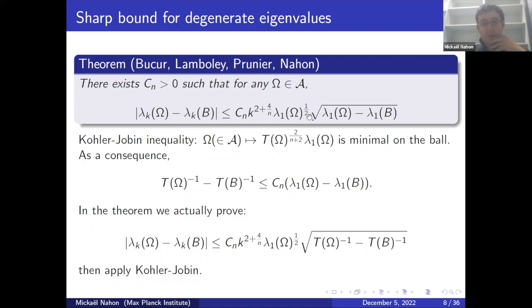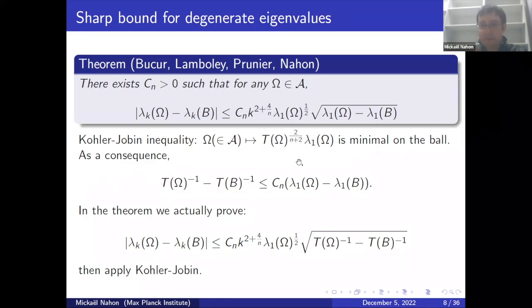Something that I will use in all the rest is that I will not look directly at this functional. I will look instead at the deviation of the torsion. Due to the inequality that was proved by Kohler-Jobin, you know that this quantity here is a multiplication of a term that is maximal on the ball and a term that is minimal on the ball, but with the right exponent, there is a competition between the two, and it is still minimal on the ball.